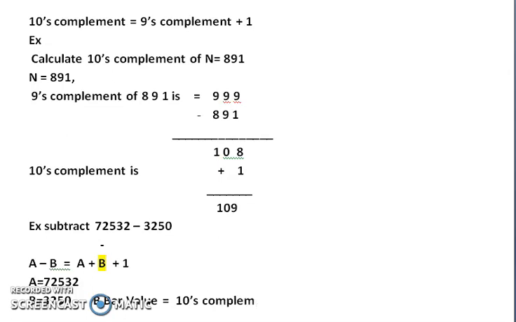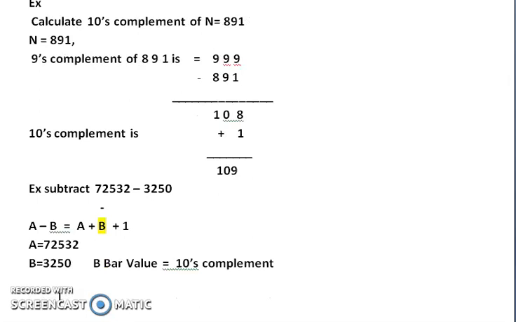First of all, the 9's complement of b: 9999 minus 3250.